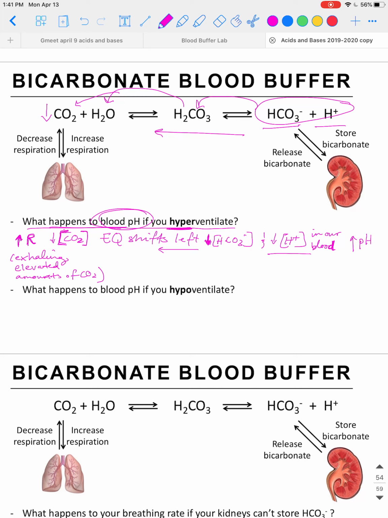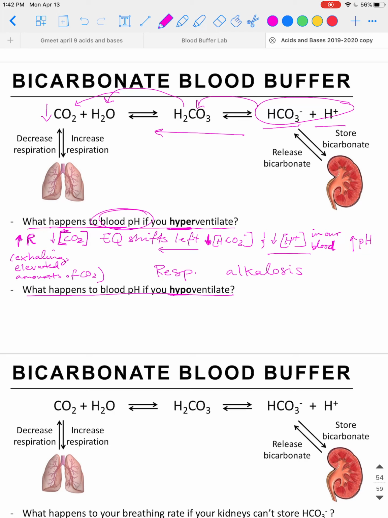If we're losing H+, we're increasing the pH of our blood. So that answers this first scenario. We could end up in a state of respiratory alkalosis if we're not careful. Could, okay.